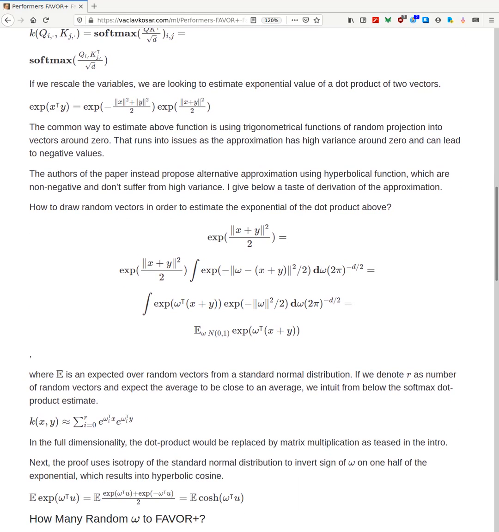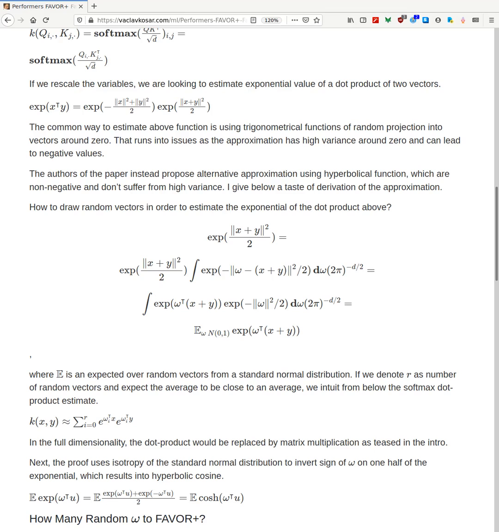Now in here, this exponential of x plus y is usually approximated with trigonometric functions. There is a well-known approach, I think it's called transformation invariant kernels, something like this.